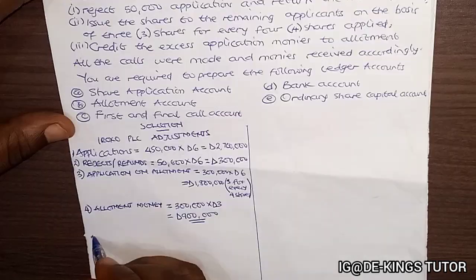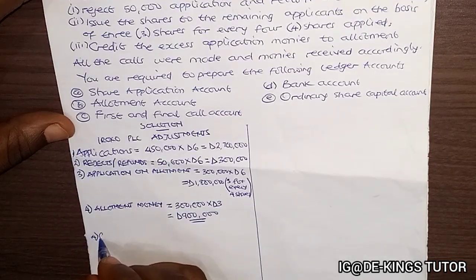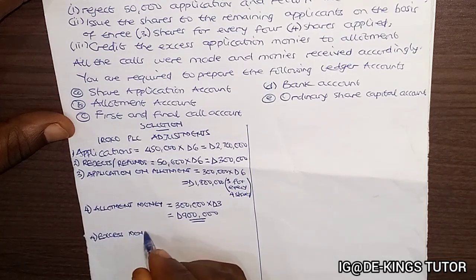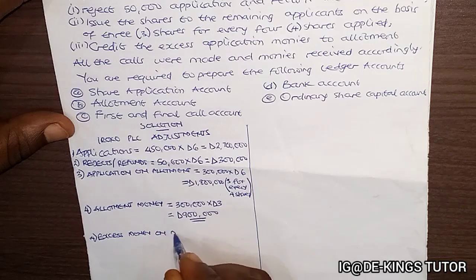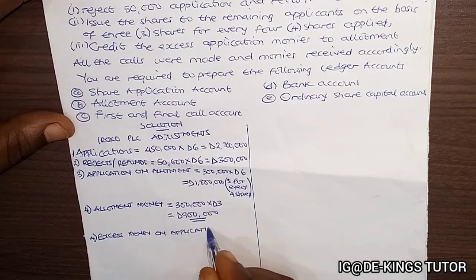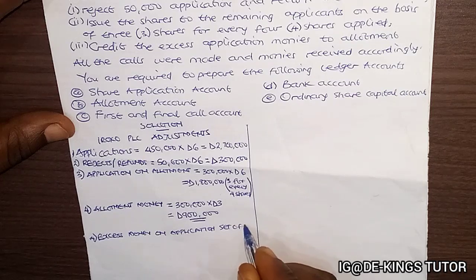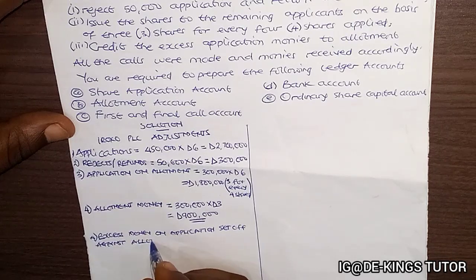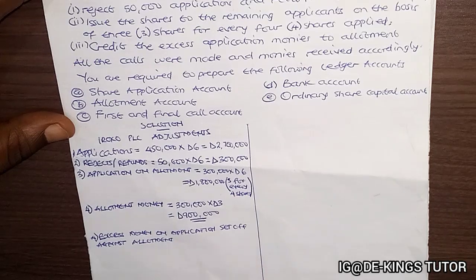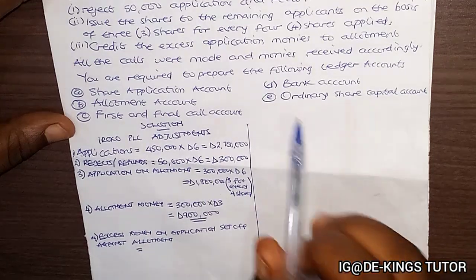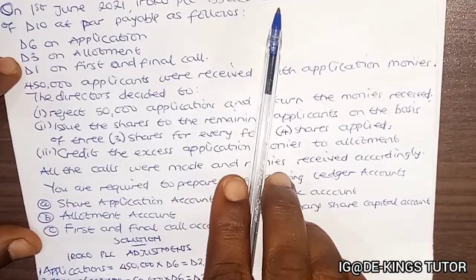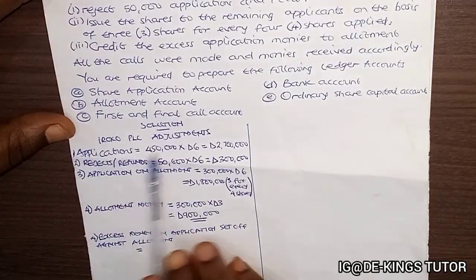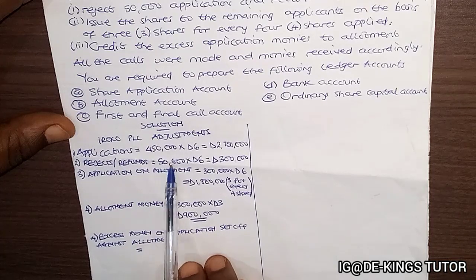So the fourth will now be excess money on application set off against allotment. Now, if you remember, their issued share is 300,000, but they got applications of 450,000 and they refunded 50,000, so it meant 400,000.